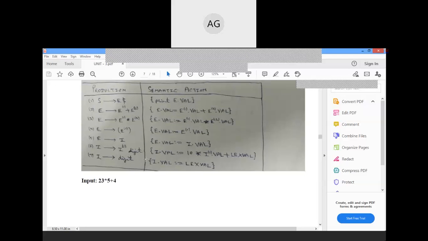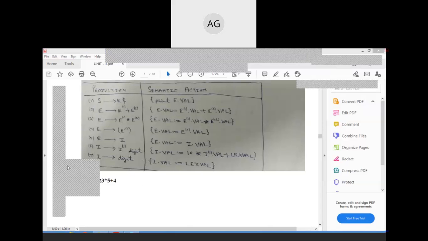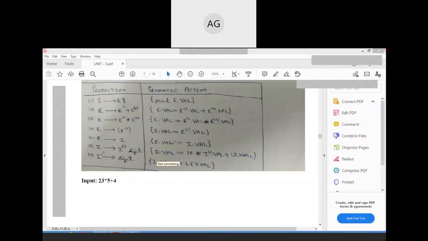You can write this on your copy: the input 2 3 into 5 plus 4. You also need to note this production: I produces I dash digit, and the semantic action performed is I dot val equals 10 into I1 dot val plus lex val. Followed by the production I produces digit, where I dot val is lex val.